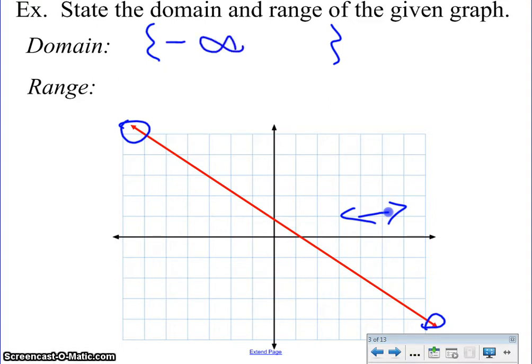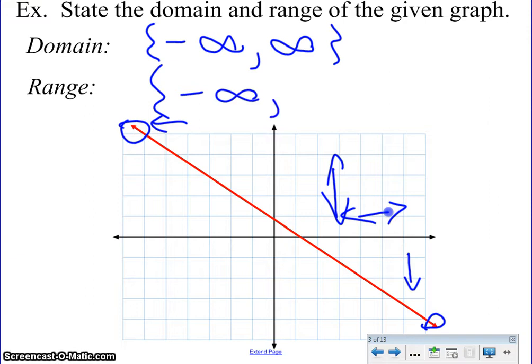So hopefully what you wrote down for this one is the domain is negative infinity to positive infinity. The range is my up and down. And again, you'll notice because of the arrows on either side, that as x gets larger or bigger, y continues to get larger or bigger. So it is also negative infinity to positive infinity.